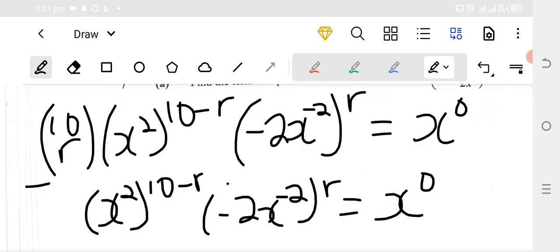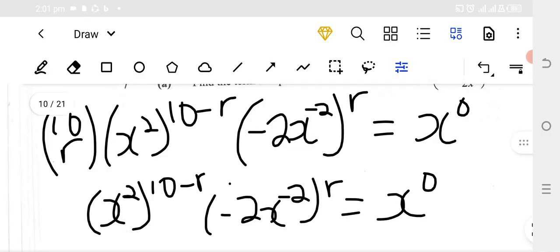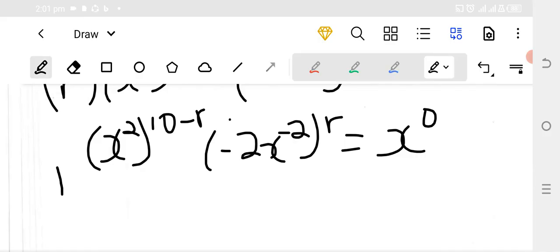Why did I forget about the 10 combination r? Going forward it is not needed. We just want everything having x. Even this 2 is also not needed.